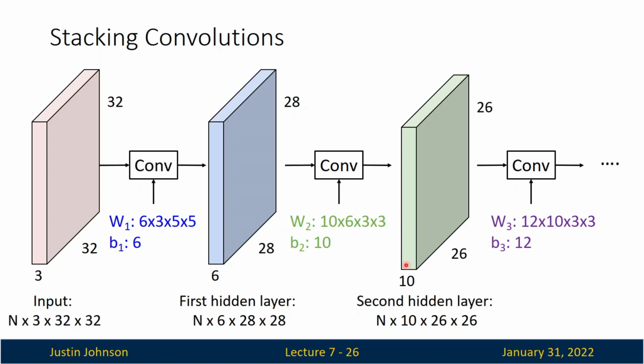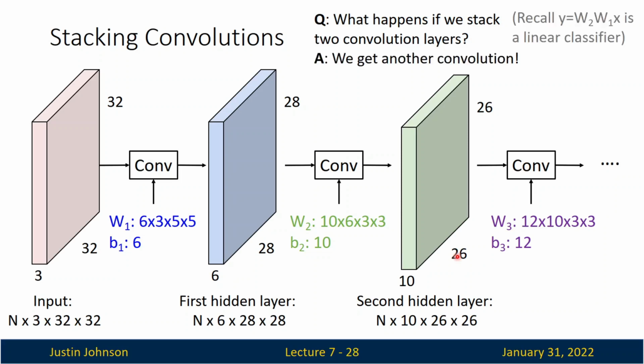Again, here the kernel size is 3 by 3, so 28 minus 3 plus 1 becomes 26. Once we define the size and the number of those kernels, we can create convolutional neural networks. Also, what will happen if we stack 2 convolutional layers?